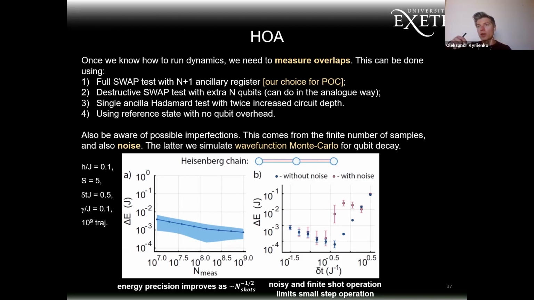So if you have your spins in the Heisenberg chain flipped by some noise process, the influence of this trajectory will be amplified a lot. And that again leads to an increase of the imprecision as you go to small delta t. So in the real world, we will never reach this limit of 10 to minus 16, but we see that it will be fine for the majority of systems.